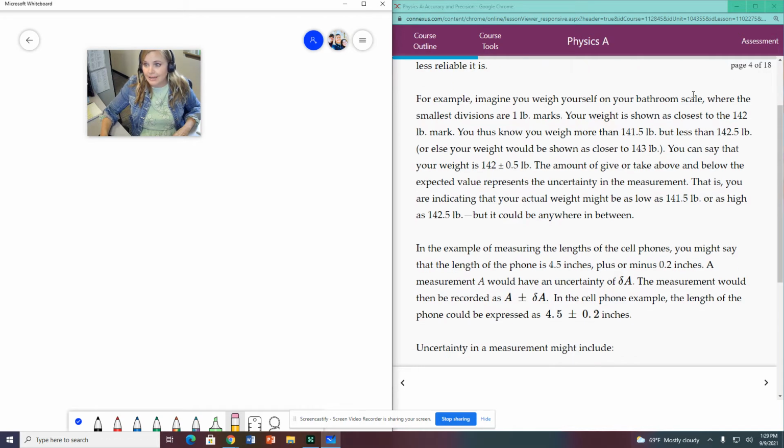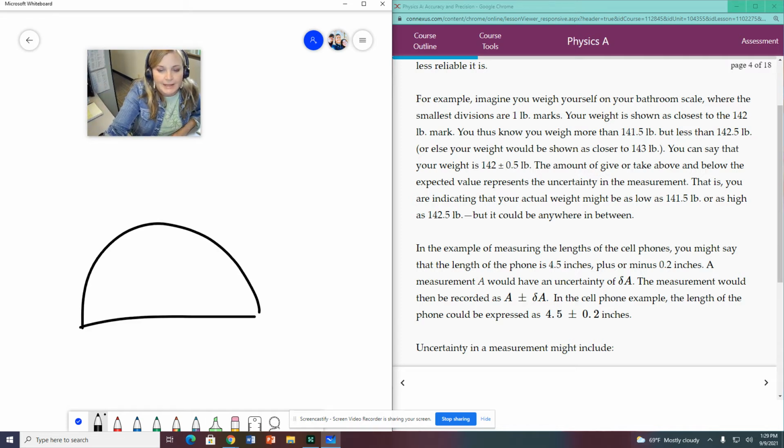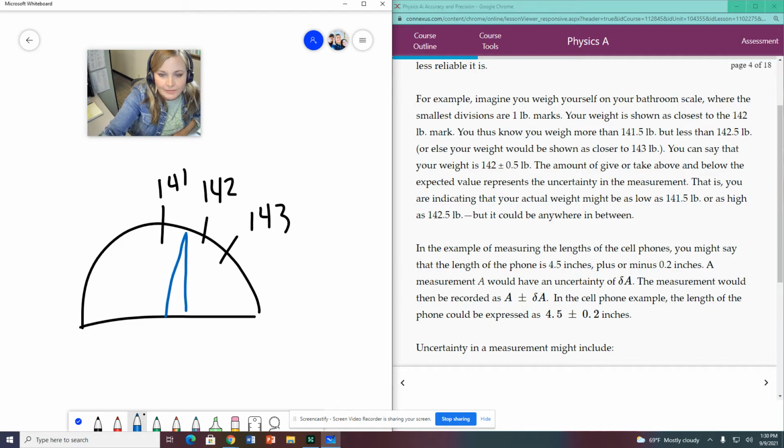All right, so when we look at the example that was given here, they talk about a bathroom scale. On that bathroom scale, the markings were in the single digits. So we had 141, 142, 143. It's a very large scale, and the needle came to about here.